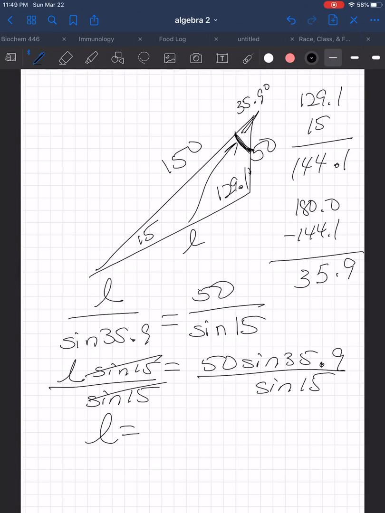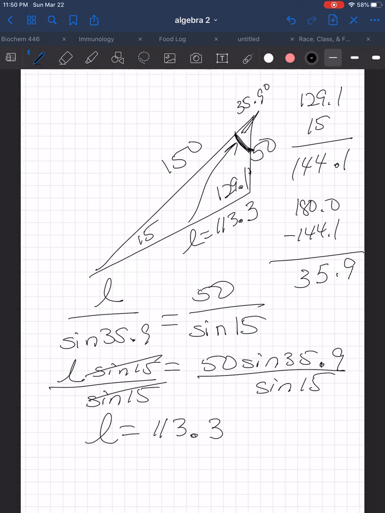Remember, you got to close that twice because it'll put a parentheses around your angle. And then that divided by sine of 15. So that gives me 113.3. So that's the length of the shorter cable, 113.3.